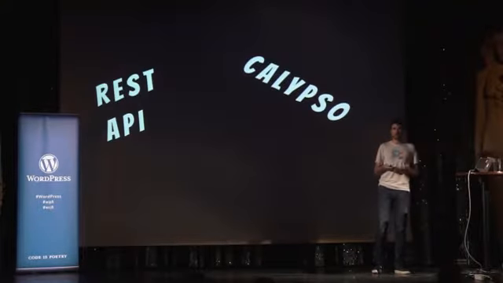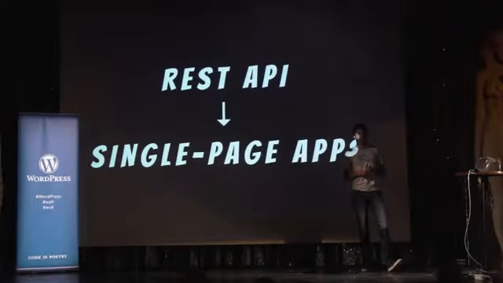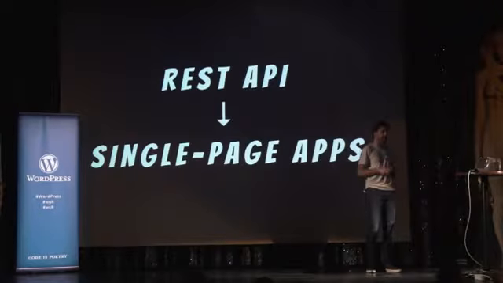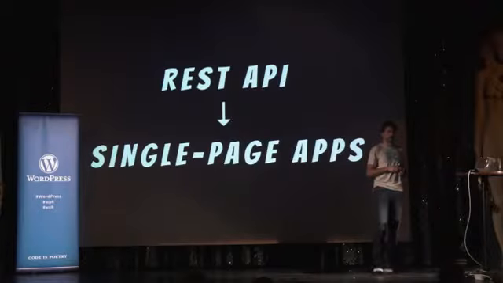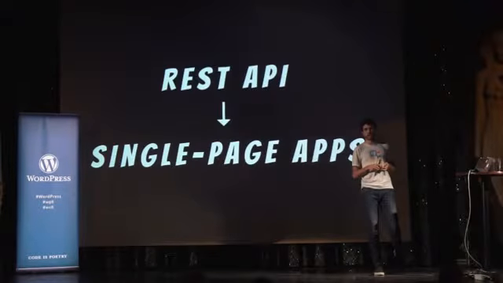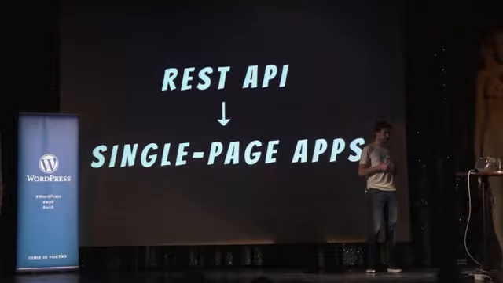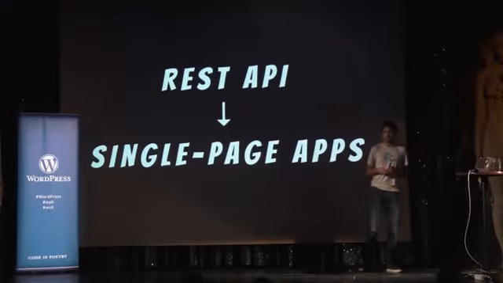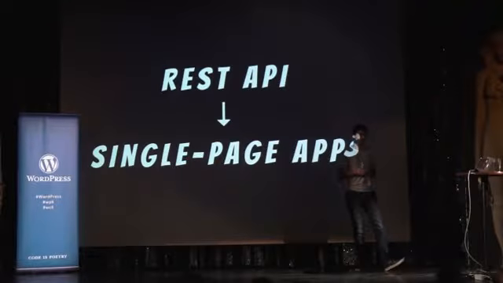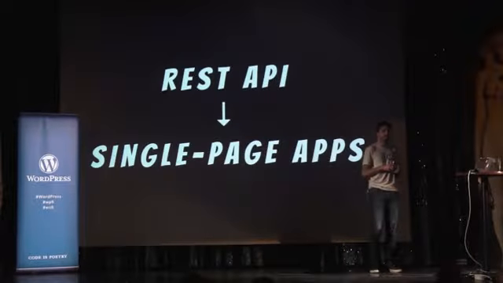And the most common use case for the REST API is building single-page applications. These are JavaScript-based applications running mostly in the browser as a front end and using something like the REST API as a backend.